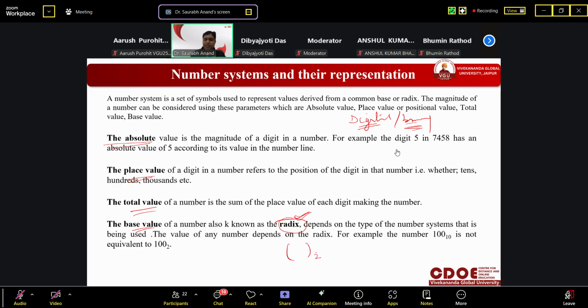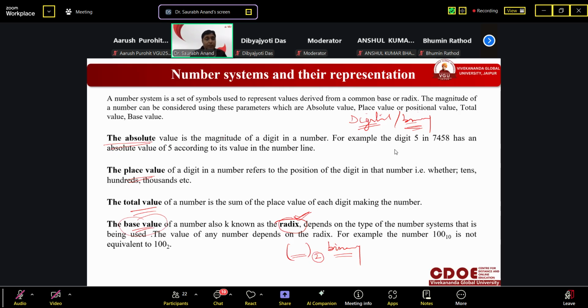If it is 2, then it is binary. If anything is written in brackets with radix 2, this radix is known as the base value. Why not decimal? Why not octal? I'll tell you later, in that topic only.